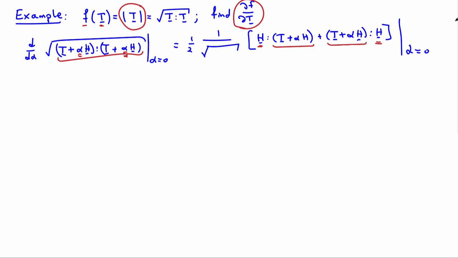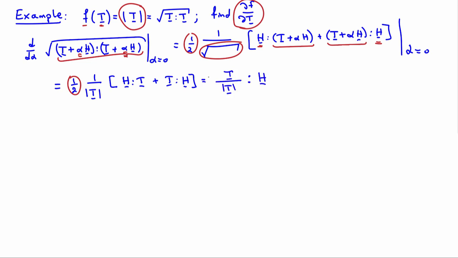And then I have to set alpha equal to 0. So if I set alpha equal to 0, I'll have the 1/2. This square root here is just going to be the norm of t. And then in the square brackets here, I'm just going to have t double contracted with h plus h double contracted with t. And those are both the exact same thing, so I can collapse them together.